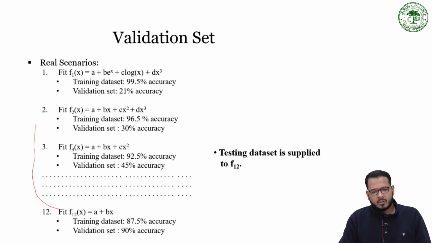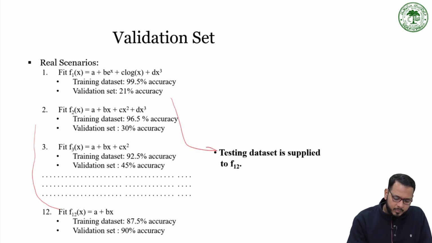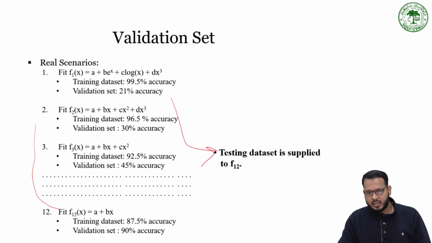So even though during this process the model or the algorithm learned from the training data set as well as the validation data set, the final model, which is the 12th model in this case, a plus bx, has not seen our testing data set. Once out of all these 12 models we have finalized our model, which is the last one, then only we will bring up our testing data set, and the testing data set is supplied only to f12, the final model.